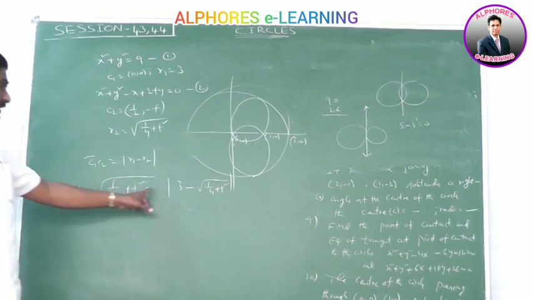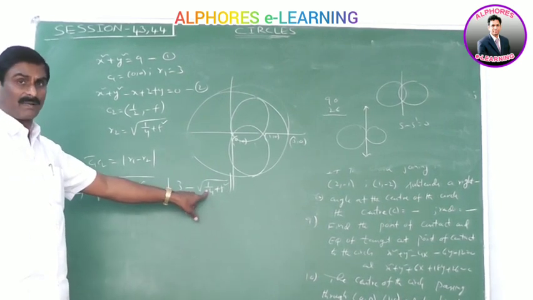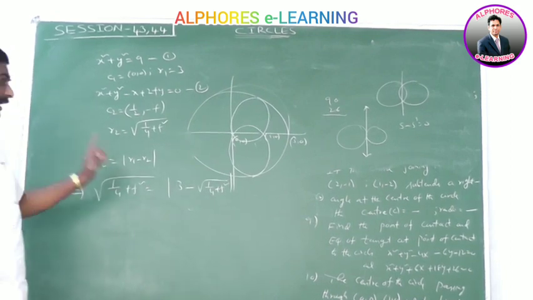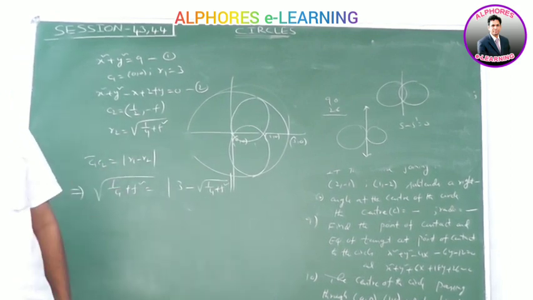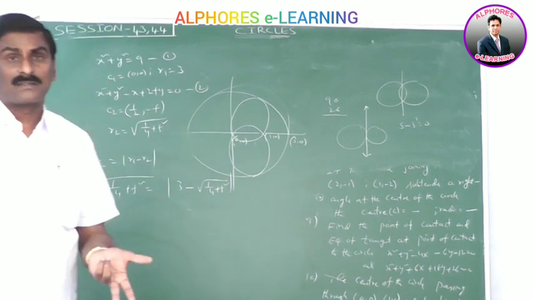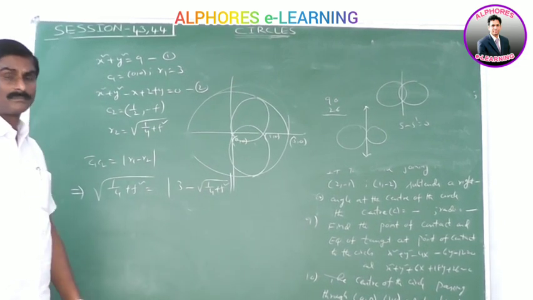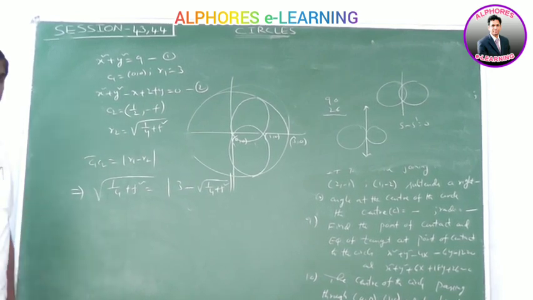Mod means plus or minus, we take plus or minus. By squaring on both sides, we get a quadratic in f. f has two values. Substitute these values in this equation, we get the equation of the circle. Please note this point.